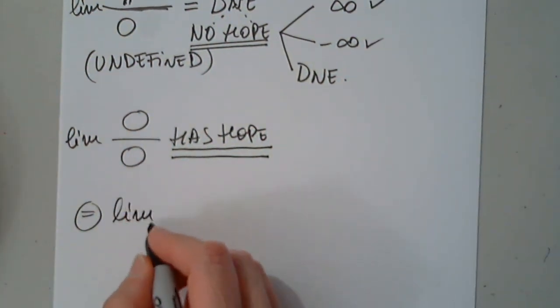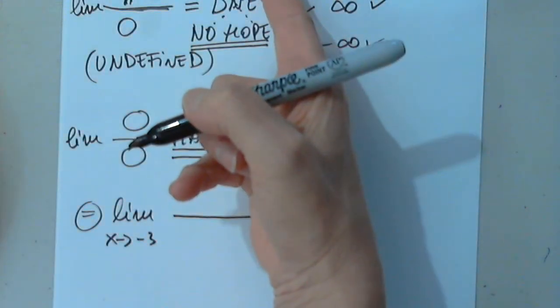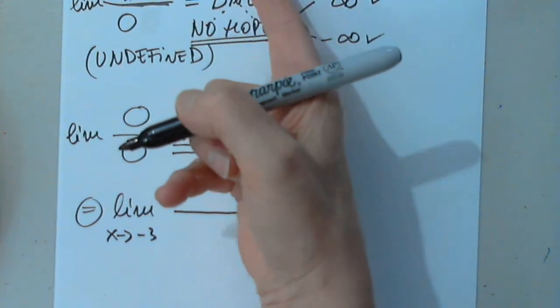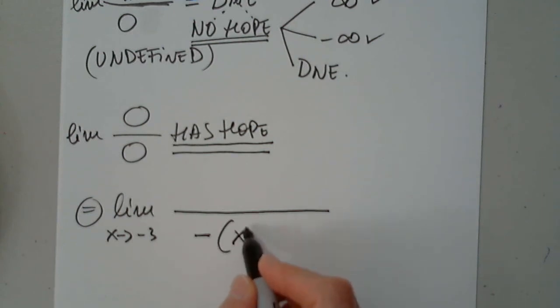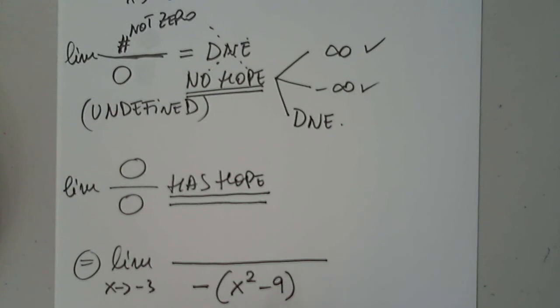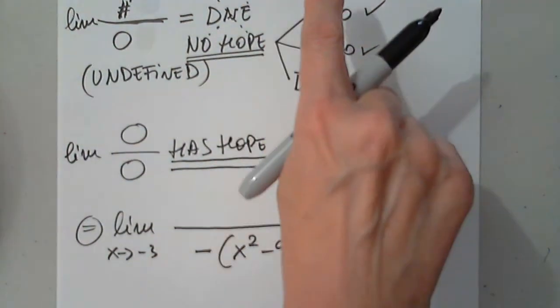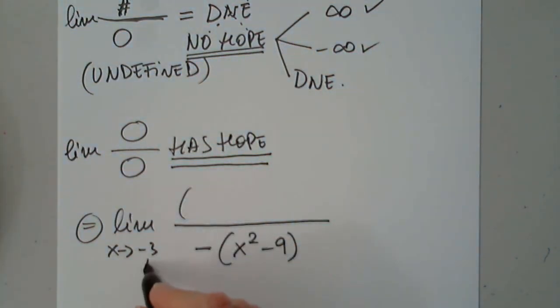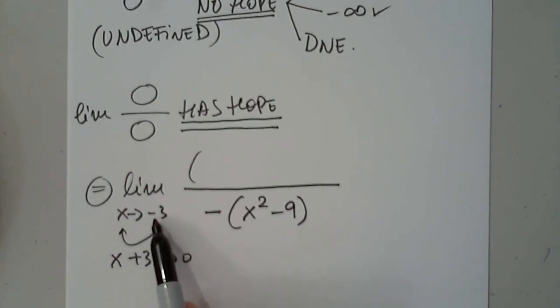So then the limit as x approaches -3. First of all, I don't like the denominator because it's not in descending order and it has a negative leading coefficient. So that's the first thing I do. In a polynomial, when I plug in -3 and I do get 0, when I say to you x approaches -3, I can also say x plus 3 approaches 0, it is the same thing.